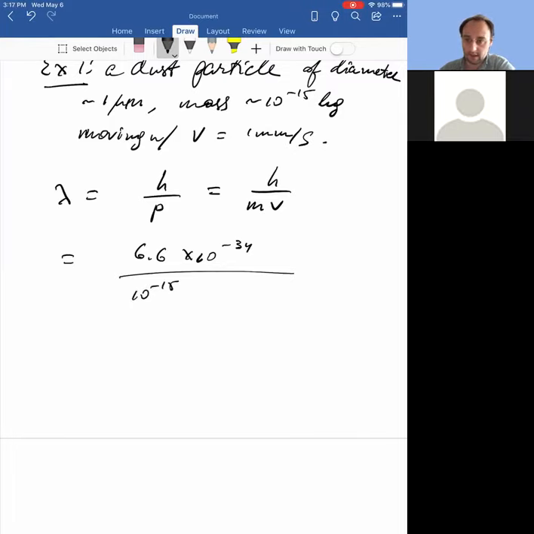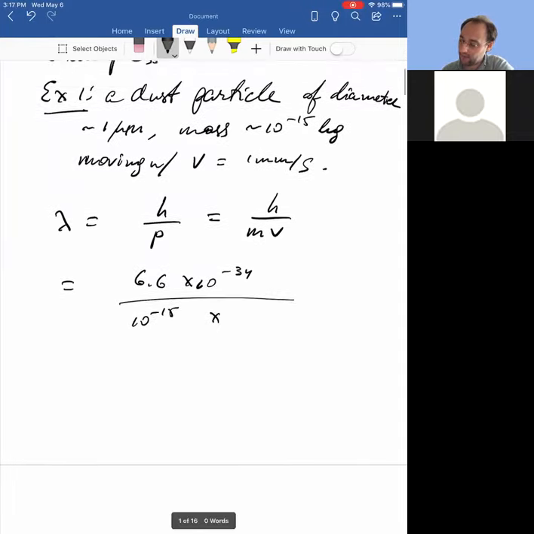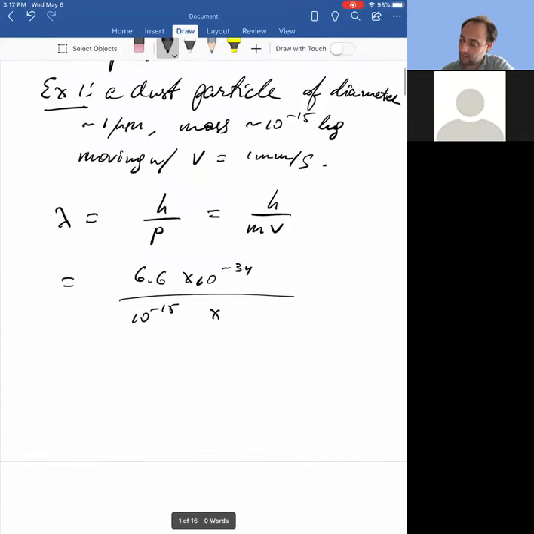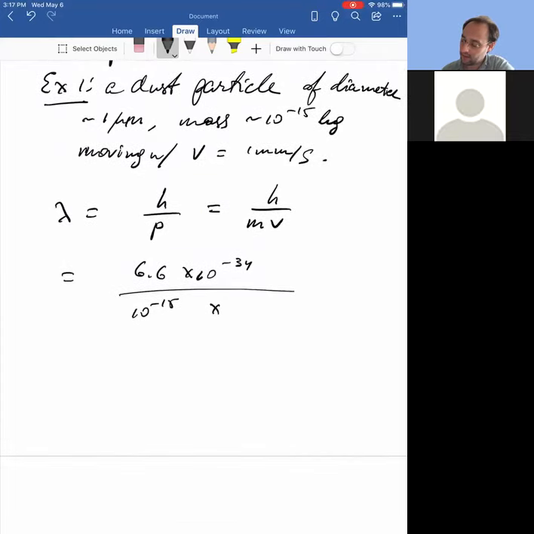You have to work in kilograms, meters, seconds, times 10 to the minus 3 meters per second. Right? I think I should put joule seconds. This is kilograms, and this is the minus 3 meters per second. Okay.